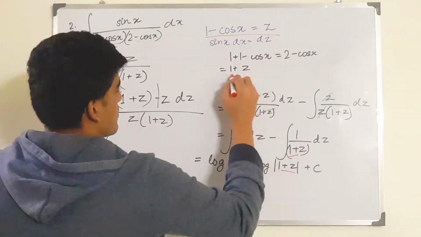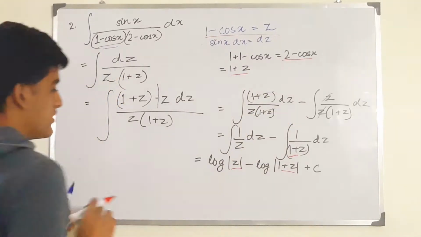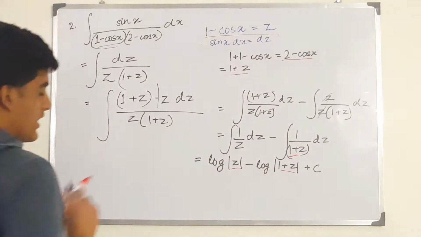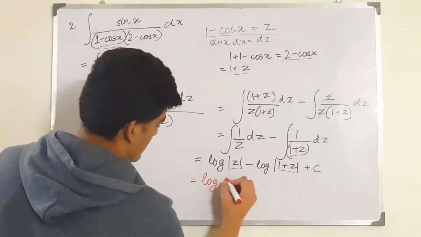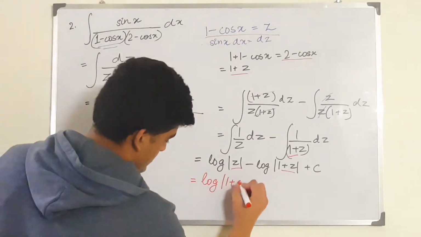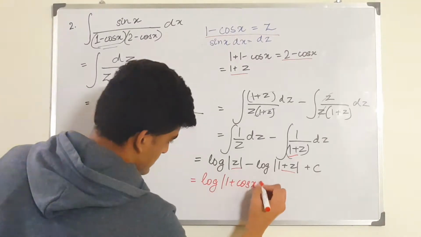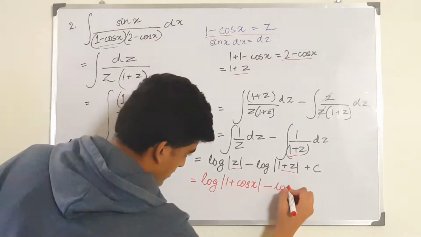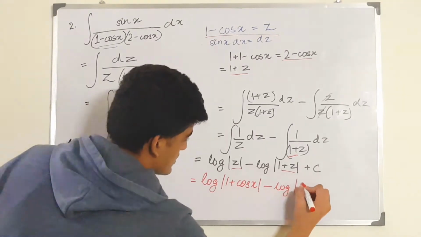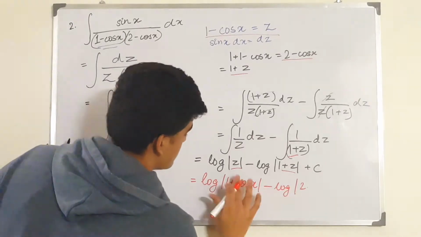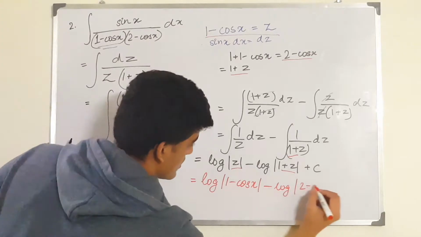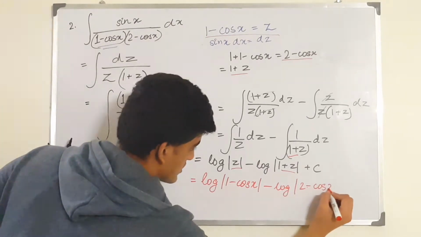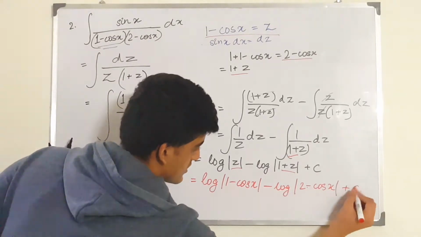What we get is the answer right in our hands. Log of 1 minus cos x minus log of, sorry about that, 2 minus cos x plus c.